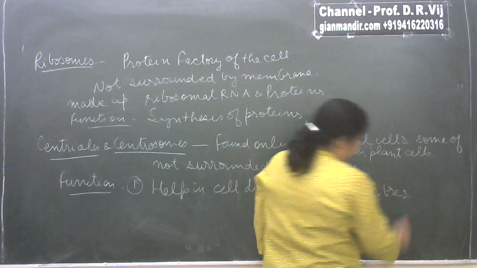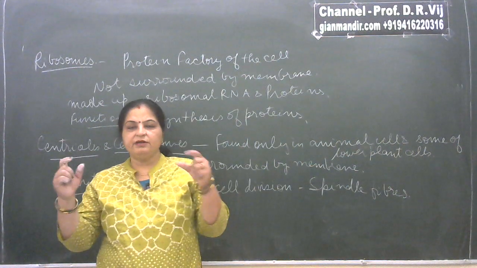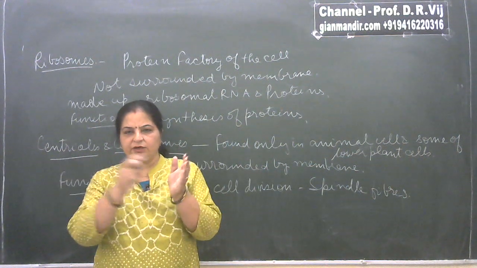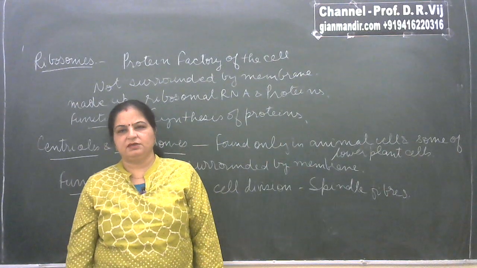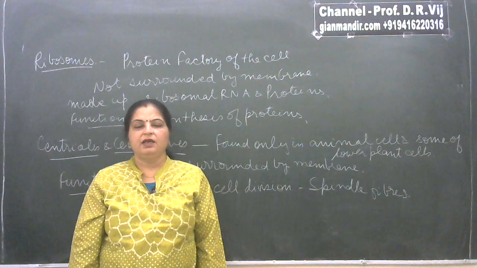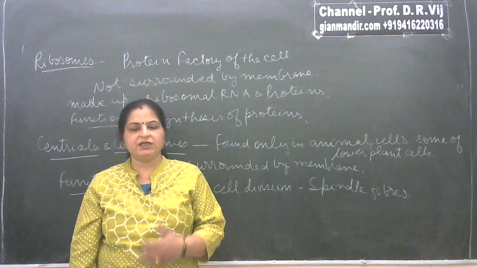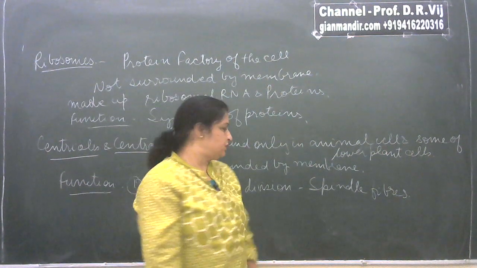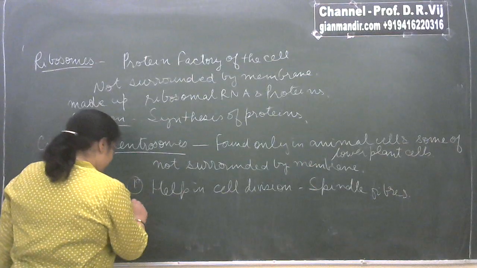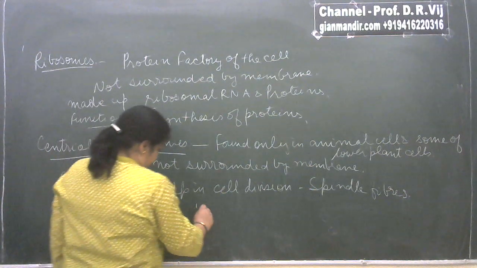At the time of cell division, these centrioles get collected at the two opposite poles of the cell or two ends of the cell, and they help in the formation of spindle fibers that initiates the process of cell division.